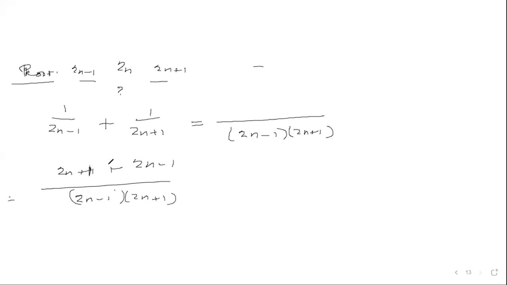The 1 and the minus 1 cancel off, and you have 4n over. And at the bottom, I'm going to expand that. This is a minus b into a plus b, so that's a squared minus b squared. So it's 2n all squared, which is 4n squared, minus 1 squared, which is minus 1.